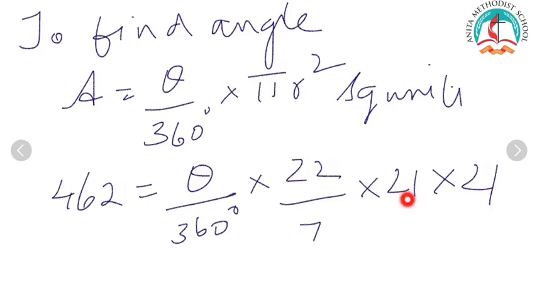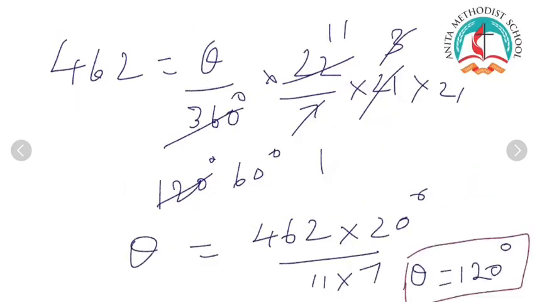Because it is r square, we write 21 into 21. Then apply everything and cancel it, children. We get the value theta is equal to 120 degree. Children, in this sum, we got the arc length value as well as the theta value. I think you know how to do it.